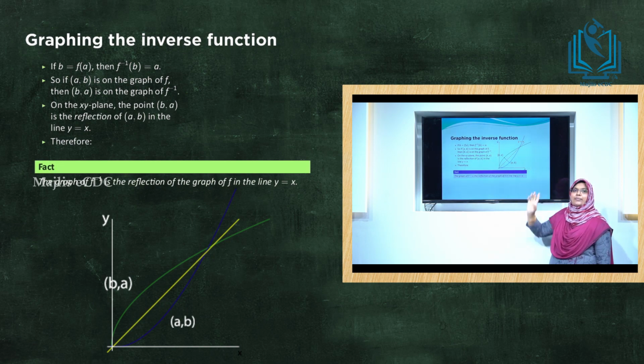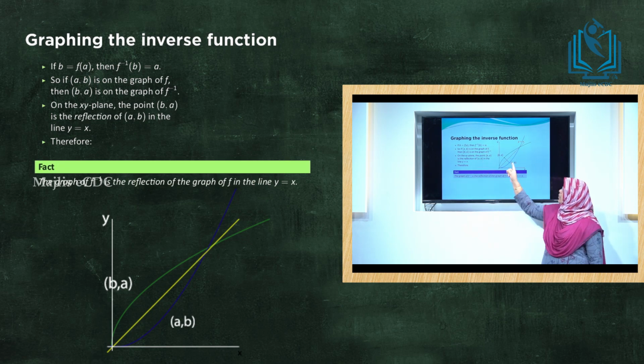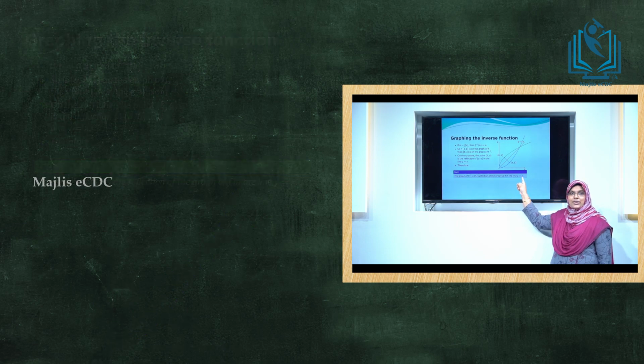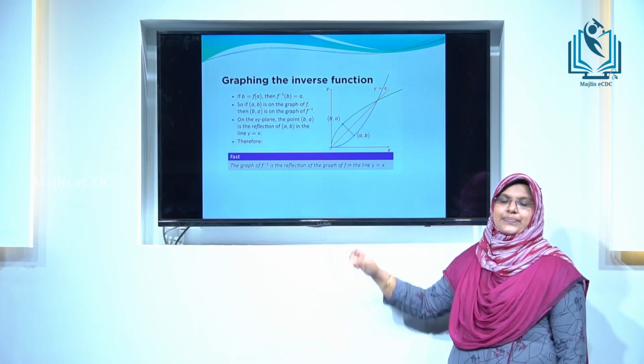If (a, b) is a point on the graph, then (b, a) is a point on the inverse function. That is, on the xy plane, the point (b, a) is the reflection of the point (a, b) about the line y equals x. Therefore, we can say that the graph of f inverse is the reflection of the graph of f in the line y equals x.